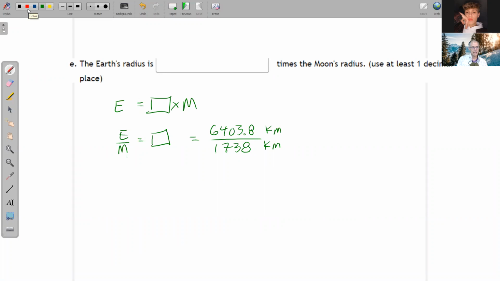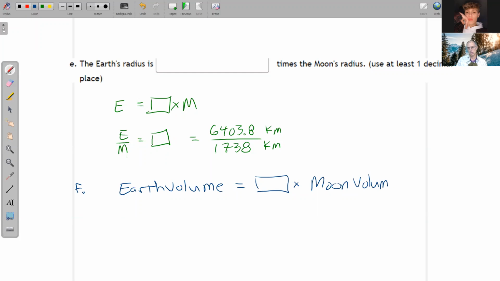For part D, sorry, we want to know the Earth's volume is equal to what times the moon's volume. Pretty much like before, we have to divide the moon to the other side. So we want to know what happens if we take Earth and divide by moon.